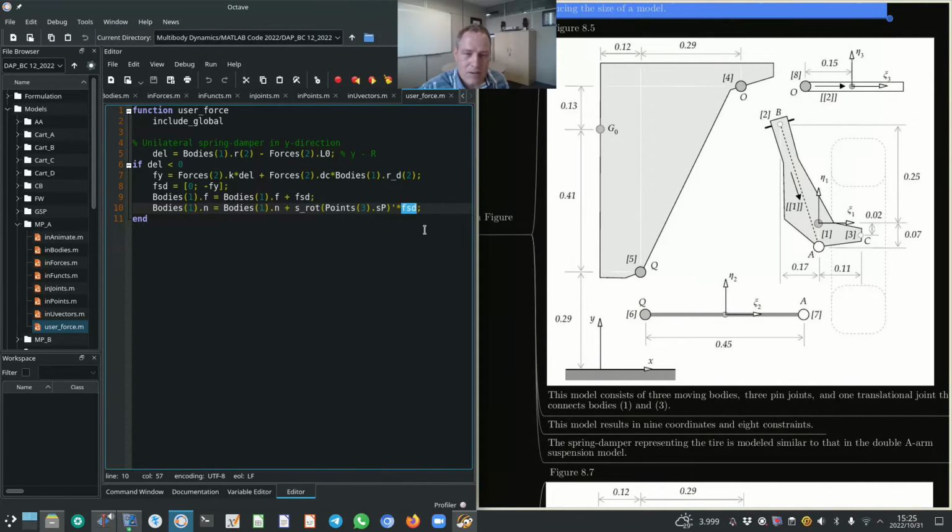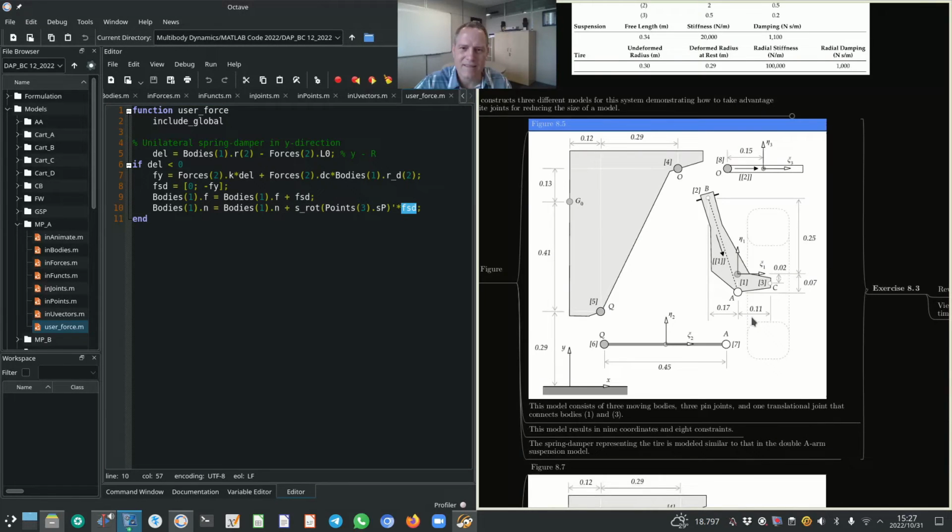And that's exactly what we want to do here. We want to take the cross product of this vector with the externally applied spring damper force in order to get the moment that the externally applied spring damper force will cause about the center of gravity of body 1.